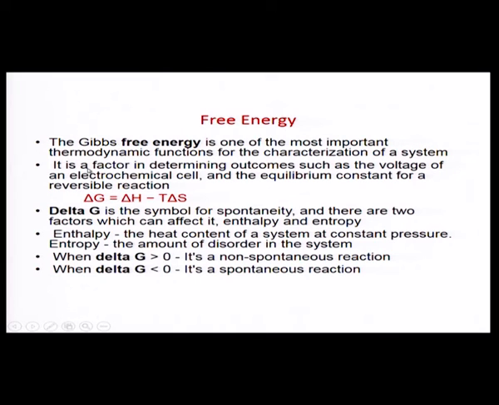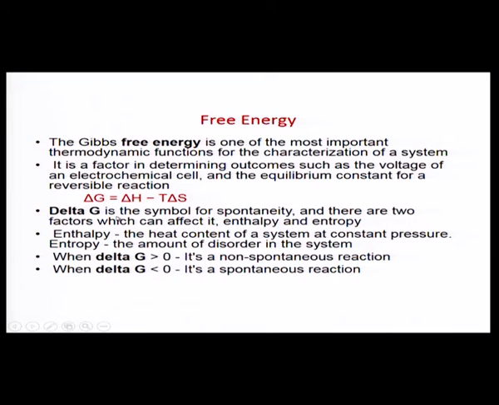It is a factor in determining outcomes such as the voltage of an electrochemical cell and the equilibrium constant for a particular reversible reaction, etc. We can get information about the free energy or the spontaneity of the particular reaction. The change in the value, delta G, is actually measured by the change in the enthalpy as well as the entropy of the system, and the relationship is given here.